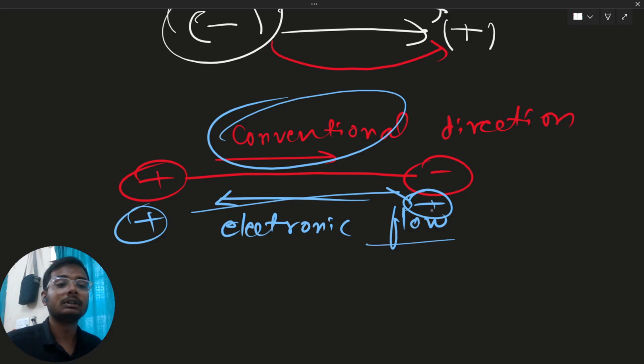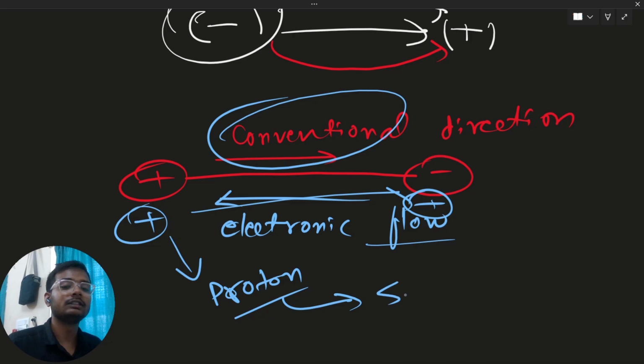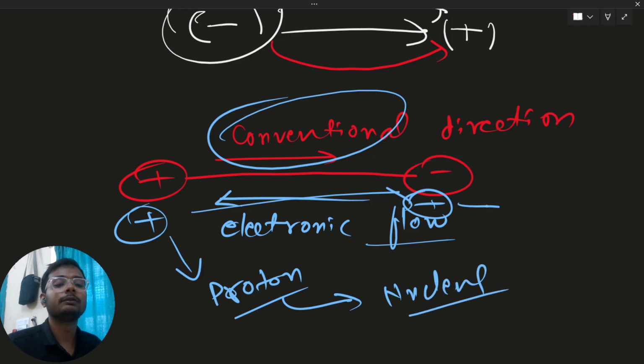When the electrons were discovered in the 1880s and the starting of the 1900s, they realized positive charge is carried by the protons. And where do protons stay? In the nucleus, which cannot flow. The flow is only of electrons.